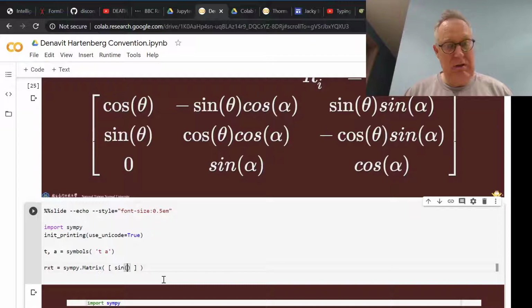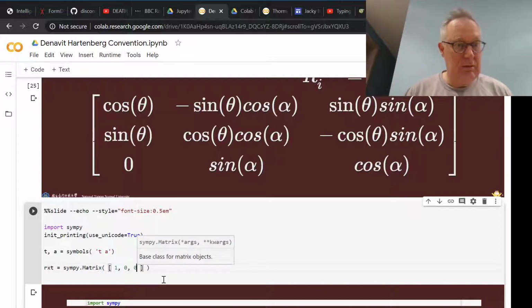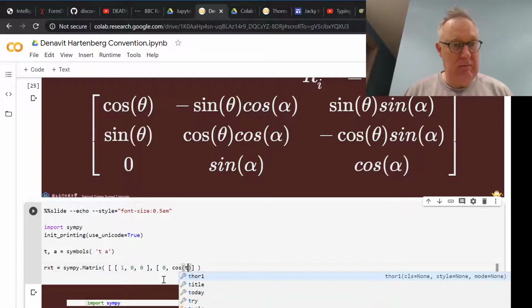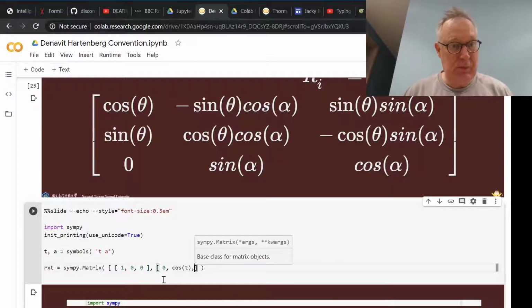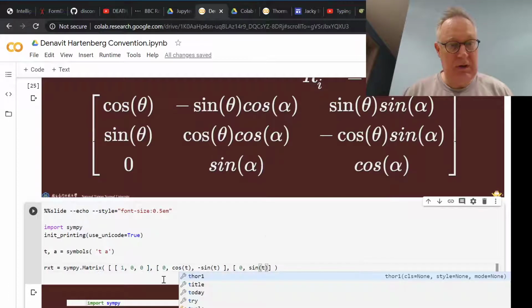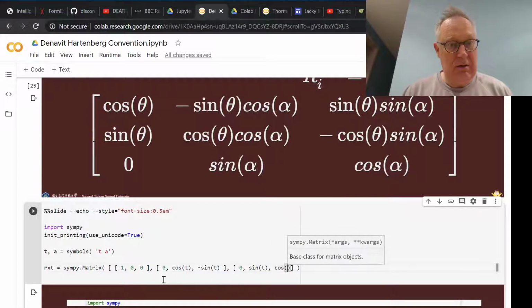Sine t, no, 1, 0, 0, zero cos t, negative sine t, and 0 sine t cos t.